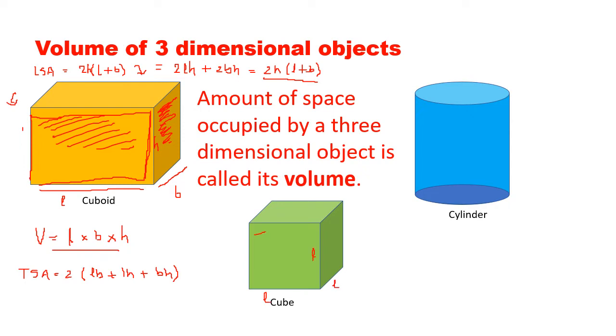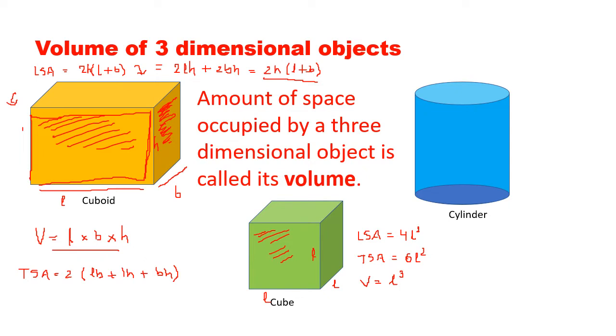So all the six surfaces have equal areas. The lateral surface area, that is the four walls without the ceiling and the floor, the top and the bottom, will give us 4L square. The total surface area is all the six sides taken together, so it gives us 6L square. And the volume is length into length into length, or L cube.